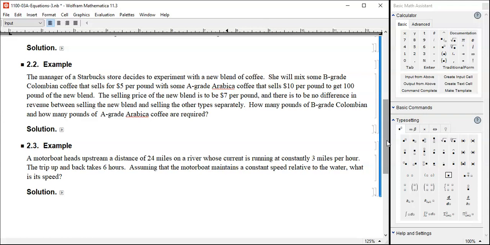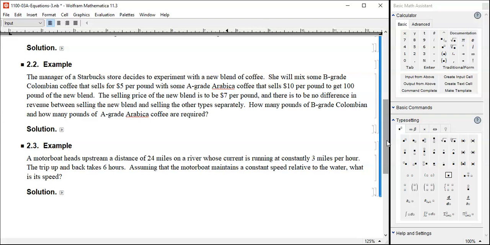She will mix some B-grade Colombian coffee that sells for $5 per pound with some A-grade Arabica coffee that sells for $10 per pound to get 100 pounds of new blend. The selling price of the new blend is to be $7 per pound, and there's to be no difference in revenue between selling the new blend and selling the other types separately. How many pounds of B-grade Colombian and how many pounds of A-grade Arabica coffee are required?